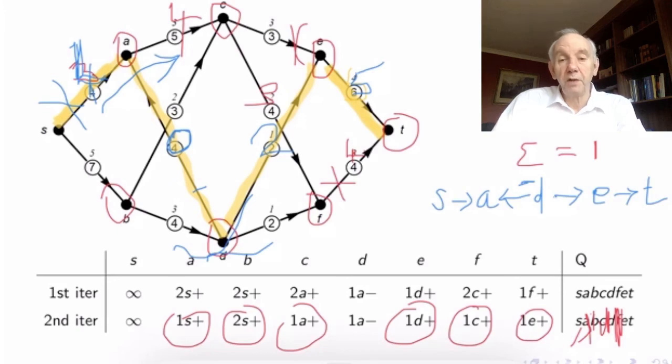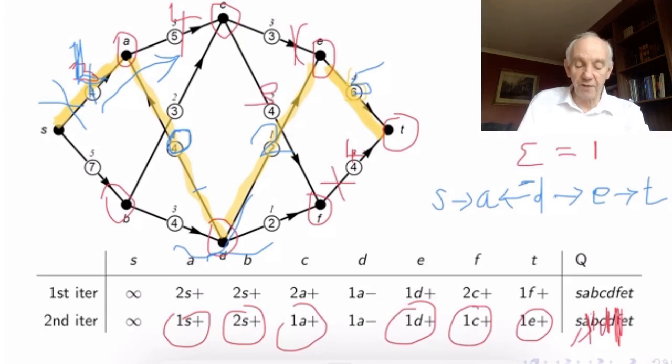Okay, so what did we do? We started with a flow of 2 plus 5, which was 7. The value of the new flow now is 4 plus 5. Don't confuse the flow numbers with the capacities.